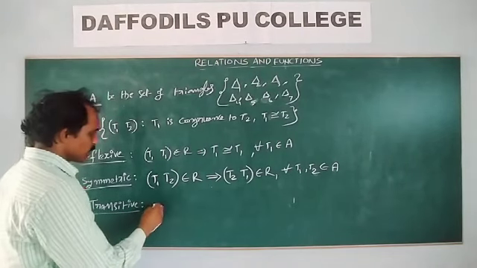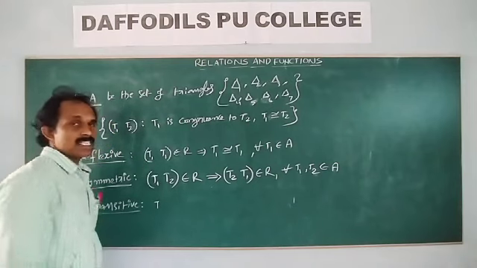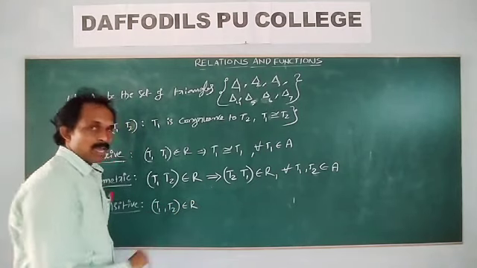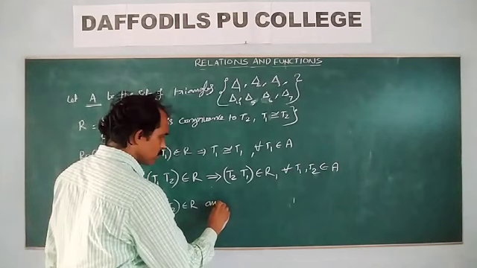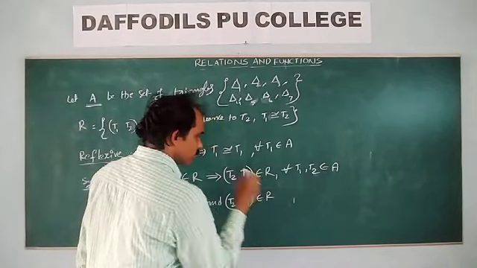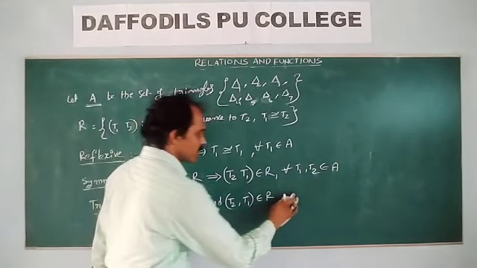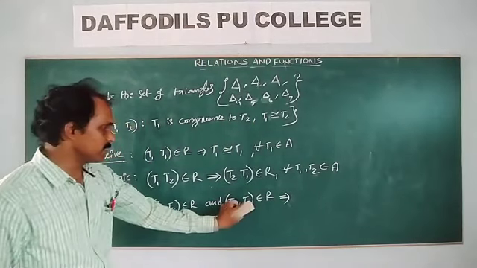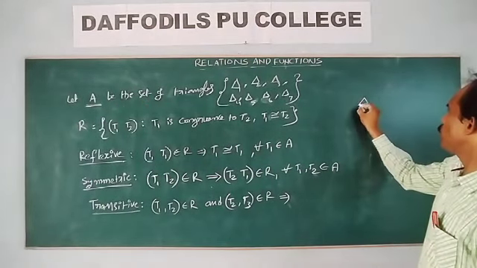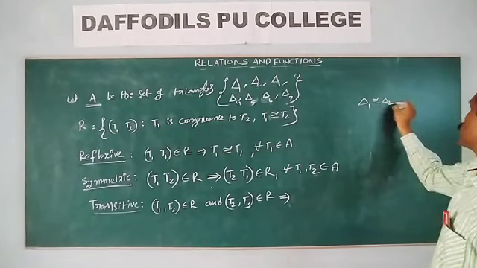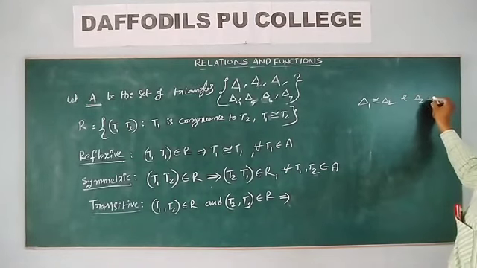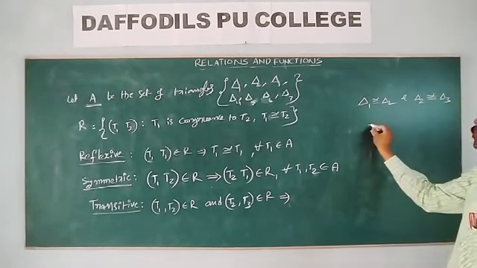Transitive relation means a relation R is said to be transitive if (T1, T2) belongs to R and (T2, T3) belongs to R implies (T1, T3) belongs to R. Triangle 1 is congruent to triangle 2, and triangle 2 is congruent to triangle 3.